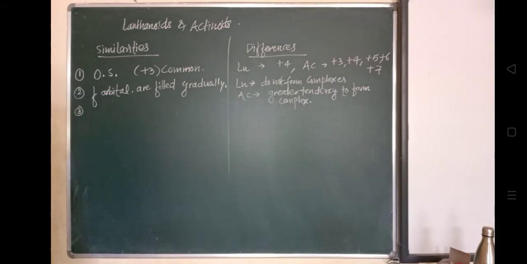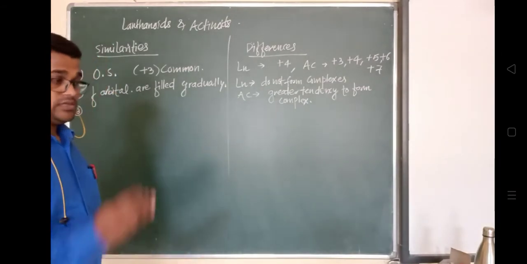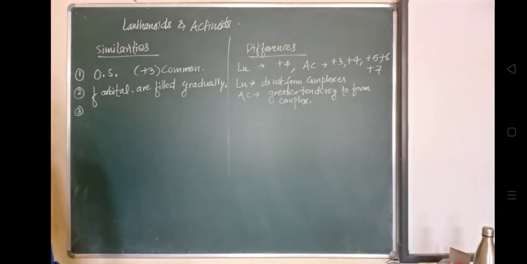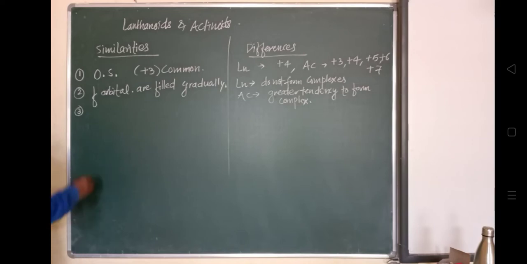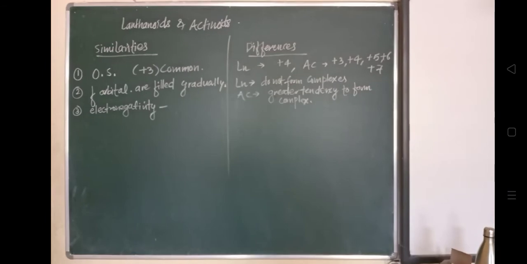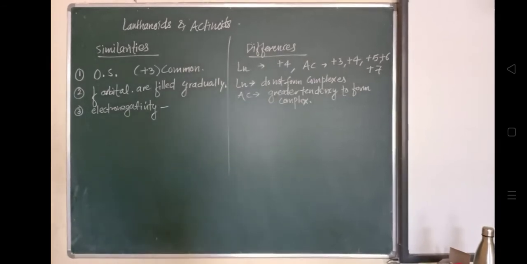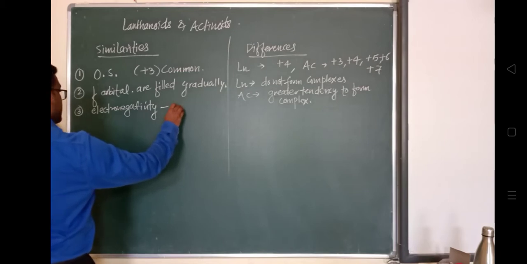The electronegativity of all these elements in actinoids as well as in lanthanoids is low, and they are said to be highly reactive. And lanthanoids do not form oxocations.